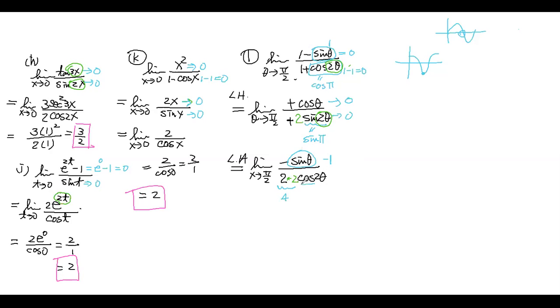Cosine 2 theta, remember theta goes to pi over 2, so cosine 2 theta is cosine pi, and I know cosine pi is negative 1. So this one is going to the negative 4 here. So what is the final answer? The final answer is 1 over 4. So that means this limit approaches 1 over 4.